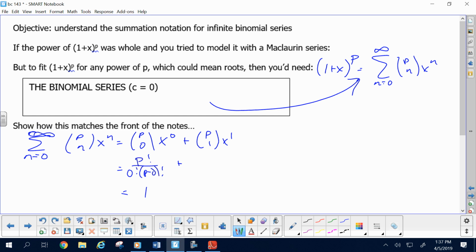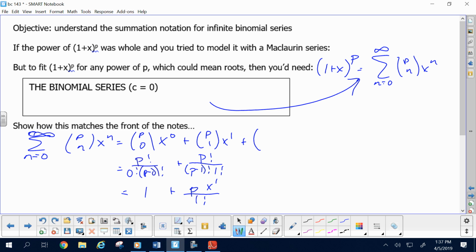P choose 1 is P factorial over, remember combination. So how do I do the denominator again? P minus 1 factorial and 1 factorial. But if I were to do a little whoosh, doesn't P factorial have P minus 1 factorial within? And so if I did a little whoosh, what's left? P x to the first over 1 factorial.